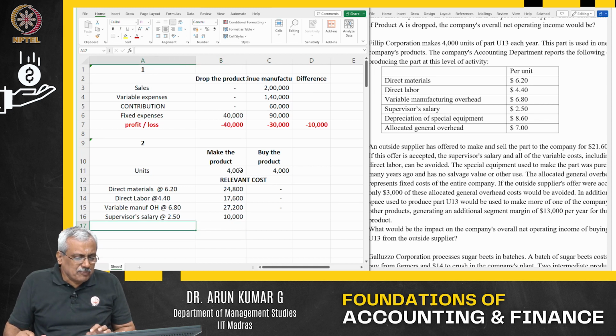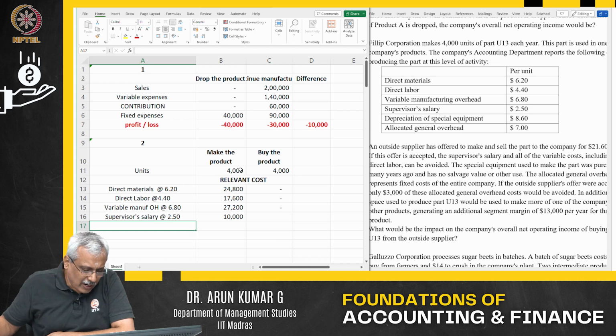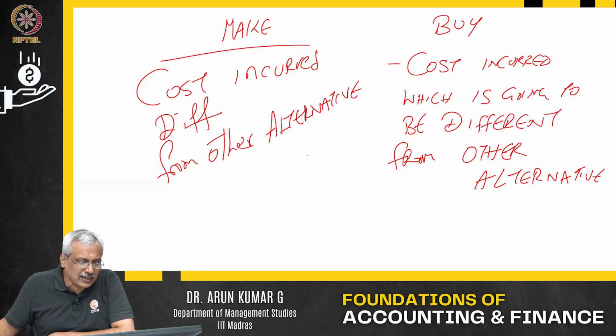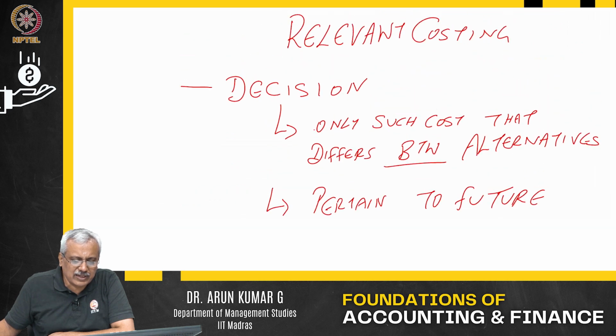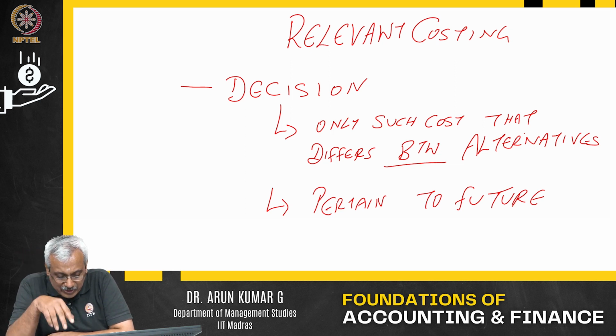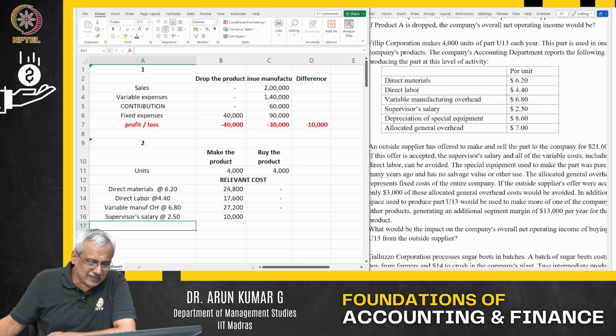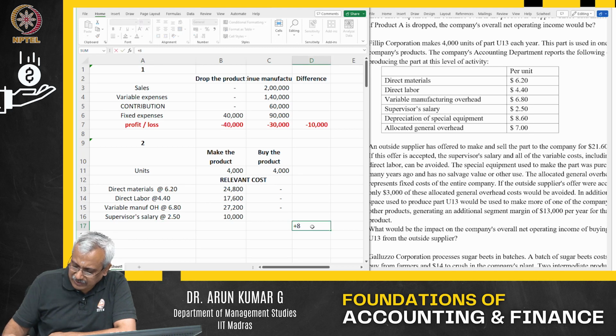Now, the next one, depreciation, is an irrelevant cost. Why? Because does it differ between the alternatives? It is the same between the two alternatives. We are looking at cost which is relevant, pertaining to the future. Depreciation is 8.6 into 4000 units.